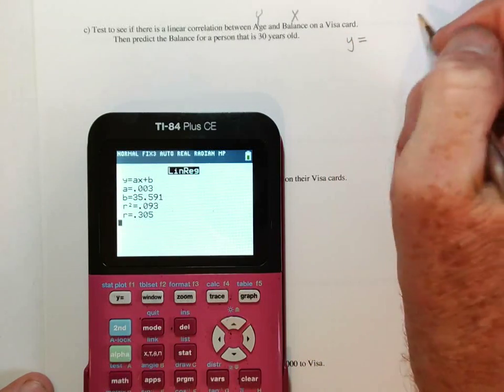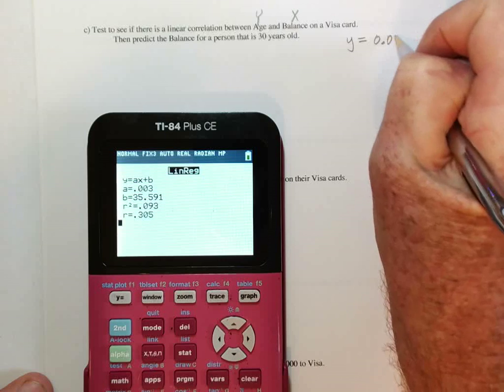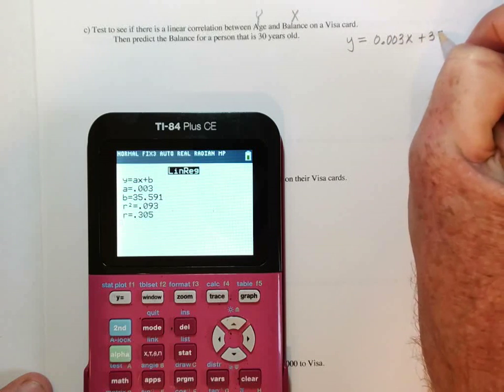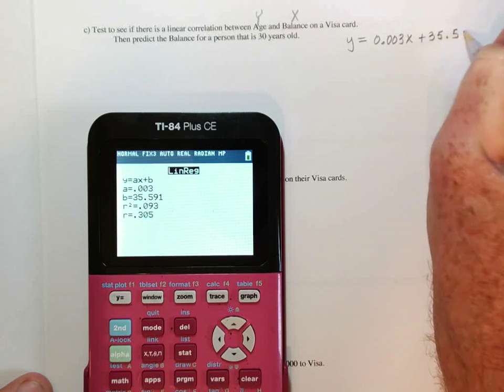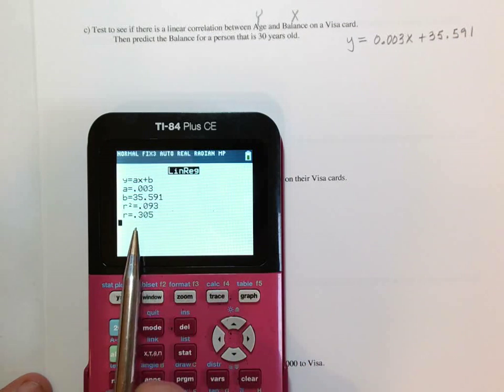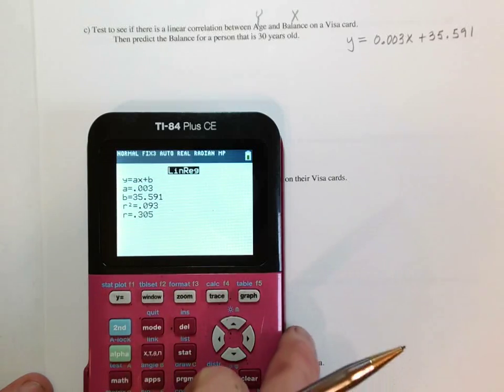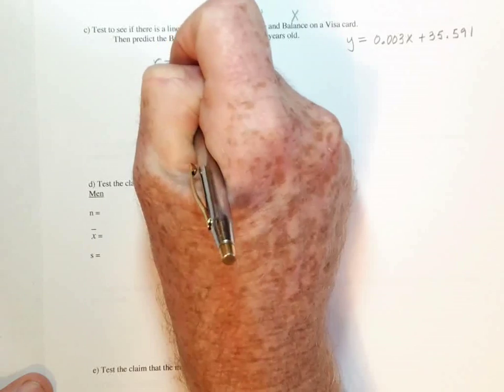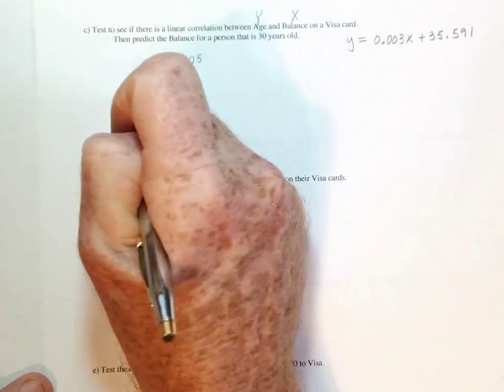Y equals 0.003x plus 35.591. And the other thing is the test statistic R is equal to 0.305. So R equals 0.305 is the test statistic.